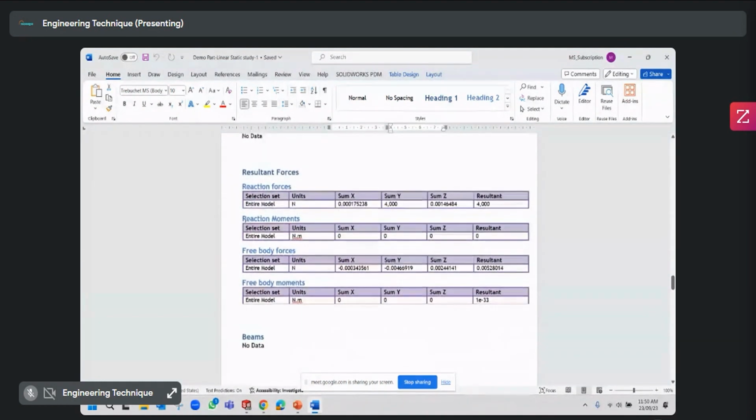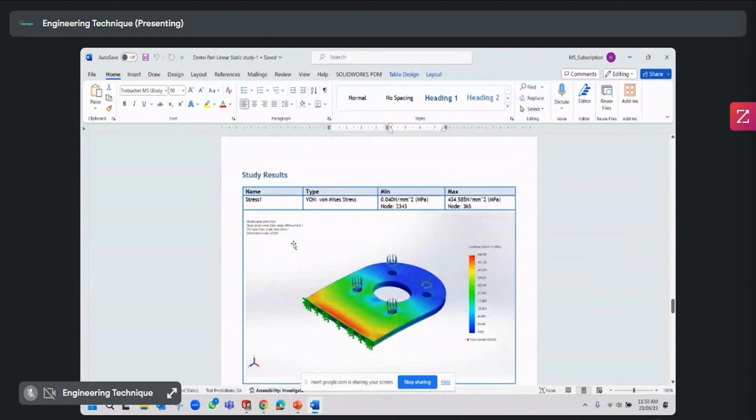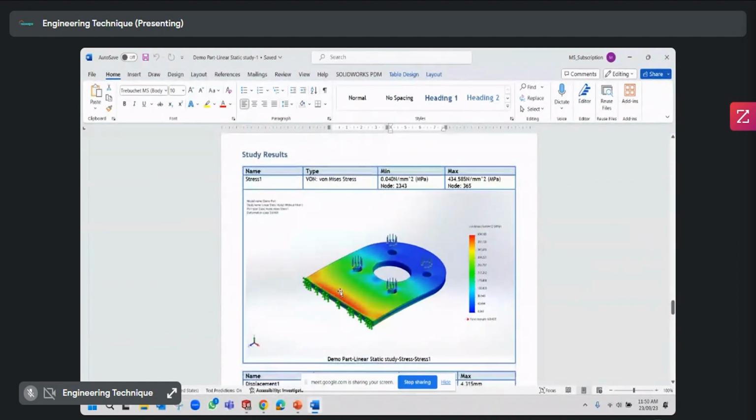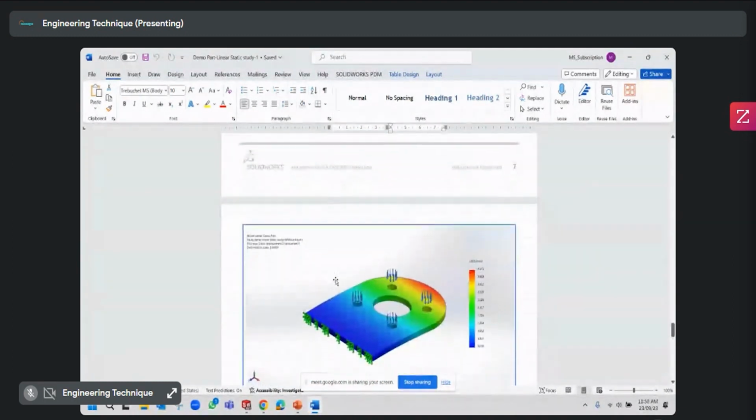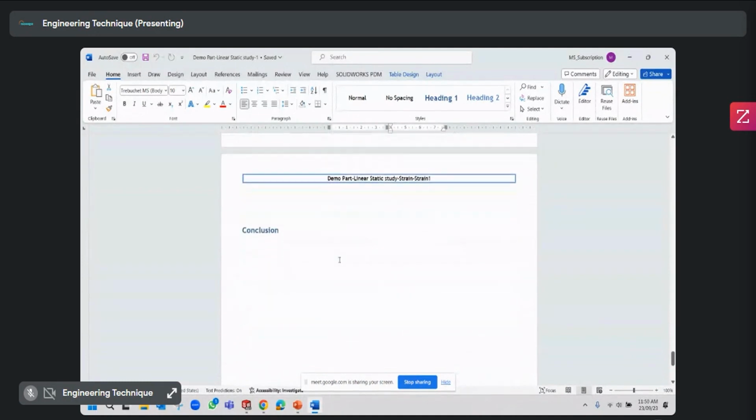In terms of the reaction forces, reaction moment, free body forces, and we have the study results also, in terms of von Mises stresses, displacement and strain.